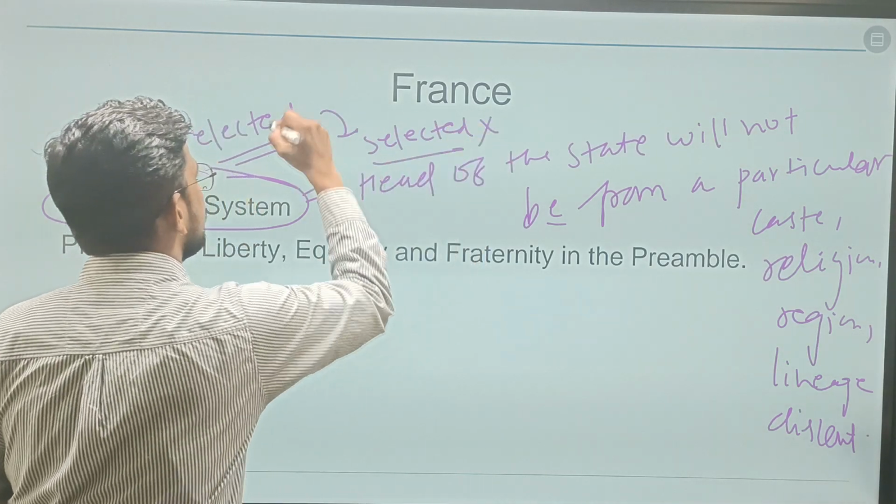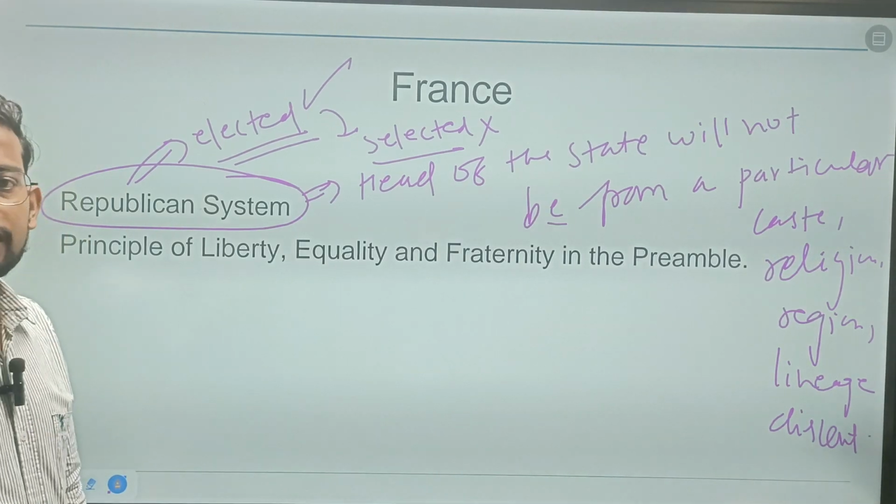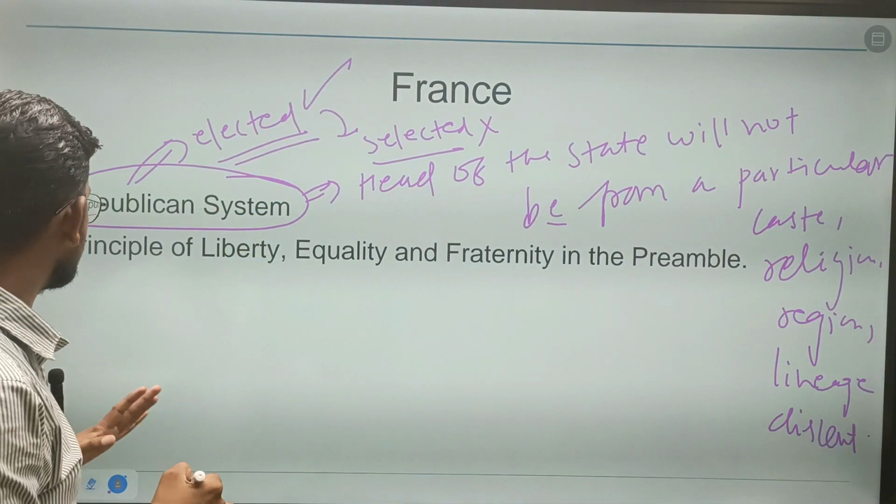He should not be selected, he should be elected. So we have taken this provision from the Constitution of France.